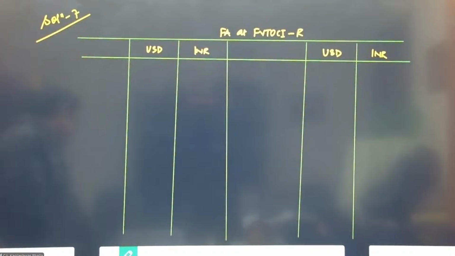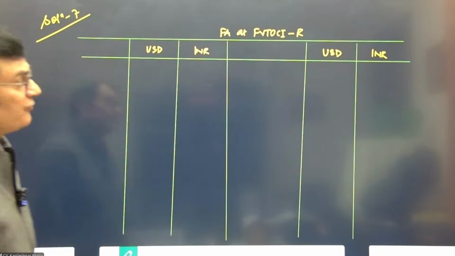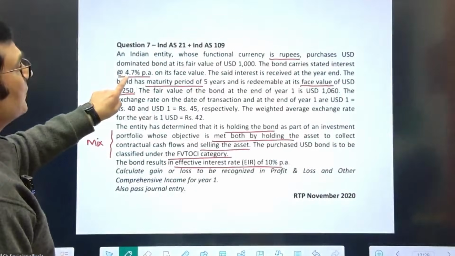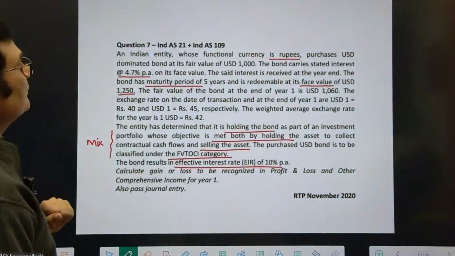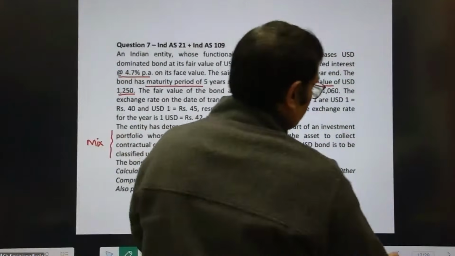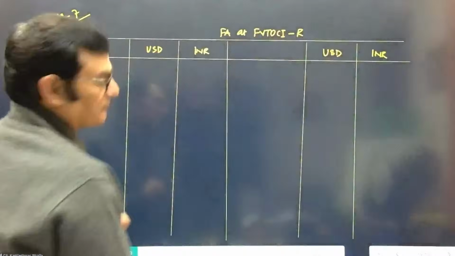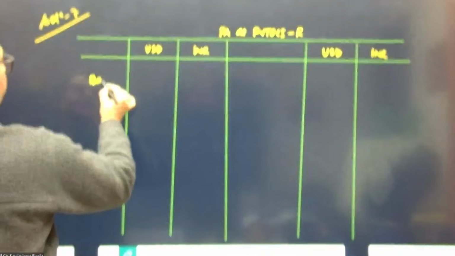Okay, let's pick up the data and we can start fitting it in terms of the foreign currency. So it says we purchased the bond at 1,000 and we are given the coupon rate is 4.7. So let's first of all capture the value at which we purchase the bond. So this is going to be bank.